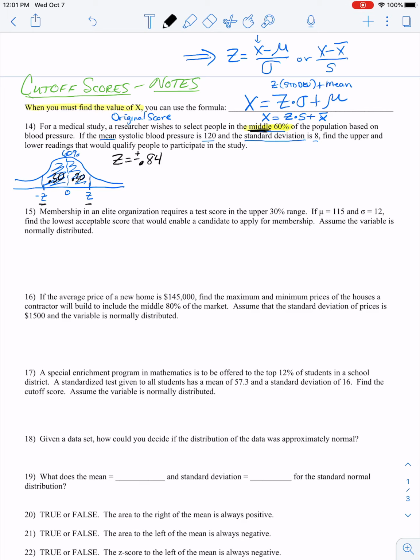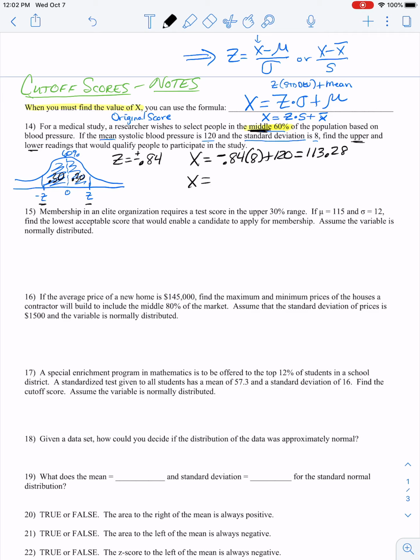All right, so to find out the upper and lower readings, I'm going to say x equals negative 0.84 times the standard deviation, which is 8, plus 120, which is your mean. And if you calculate that, that's 113.28.